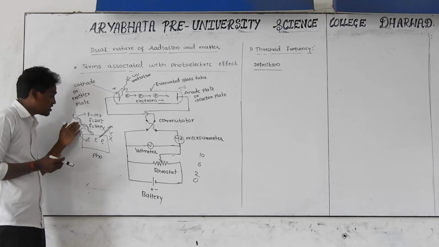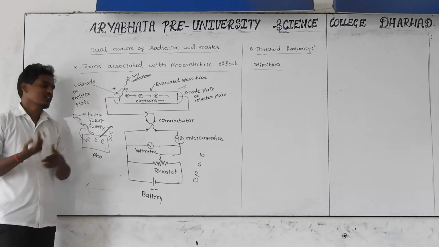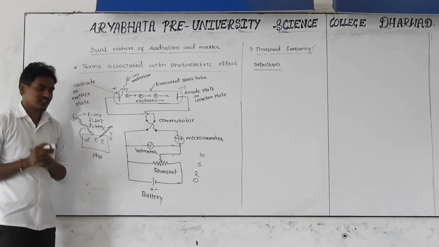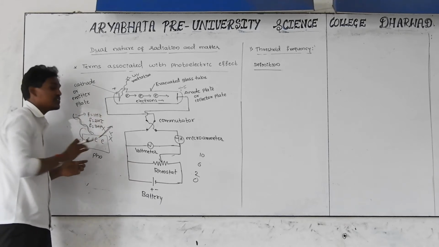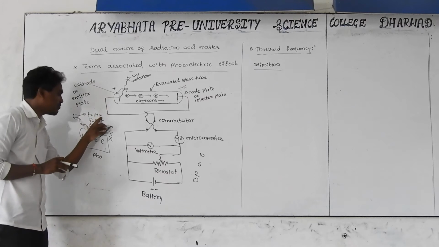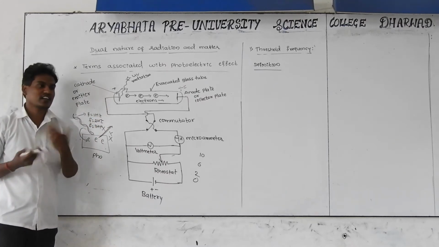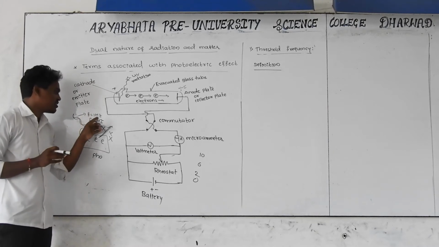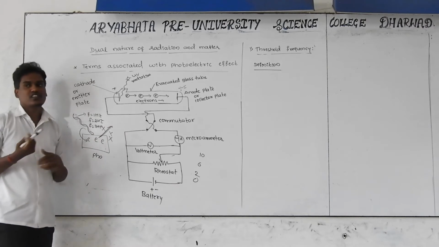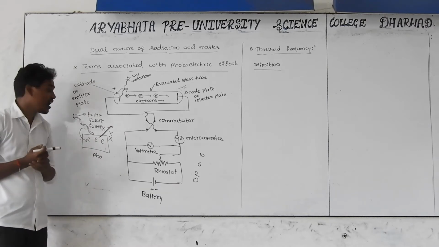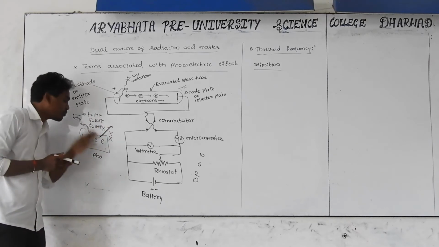For the third radiation having 3 Hz, there is an emission of the electron, which means yes, the photoelectric effect will start. Among these three frequencies, 1 Hz, 2 Hz and 3 Hz, which frequency is required to emit the electron from the surface of the metal, or to produce a photoelectric effect?